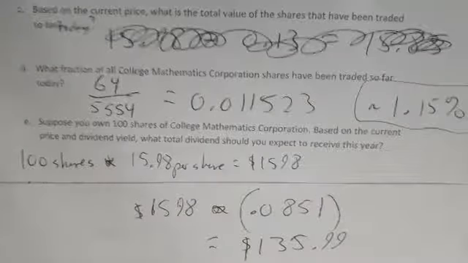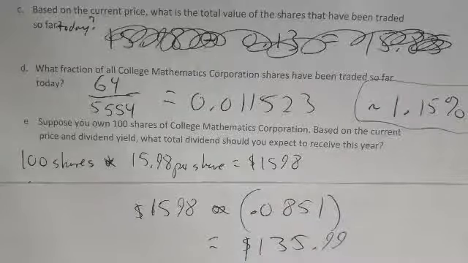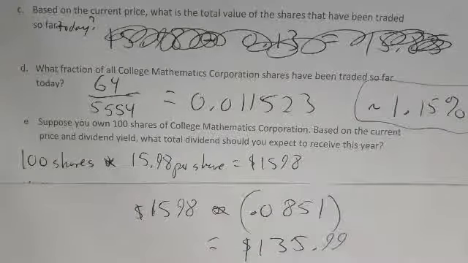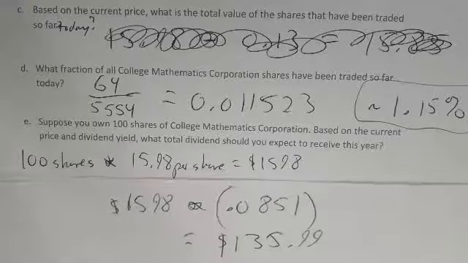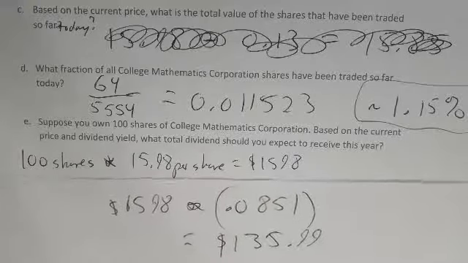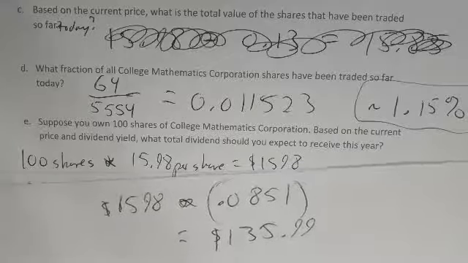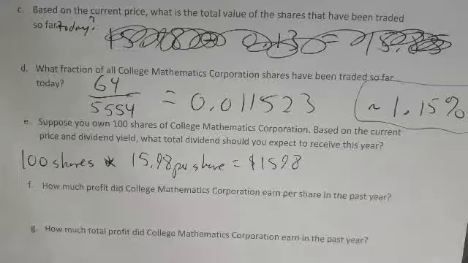This gives me the value of the dividend based on the value of my shares. Okay. So this is how we find the dividend, based on the dividend yield. Take the total value of the shares and we multiply it by that percentage that says in the dividend yield.